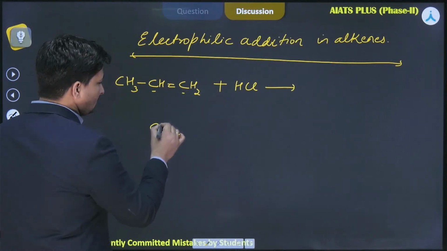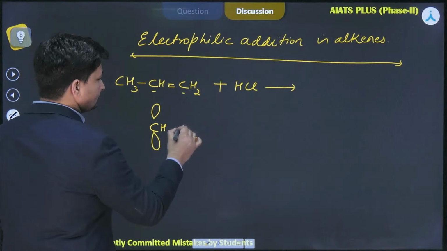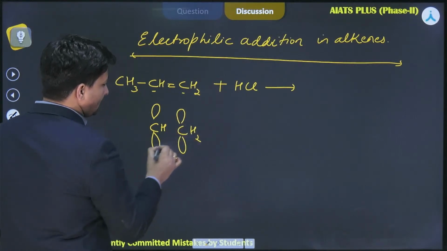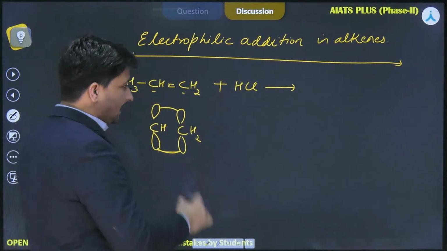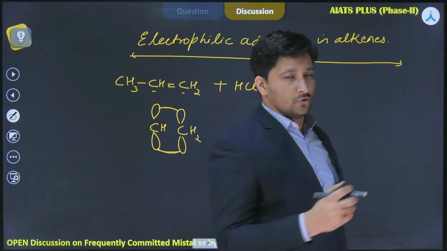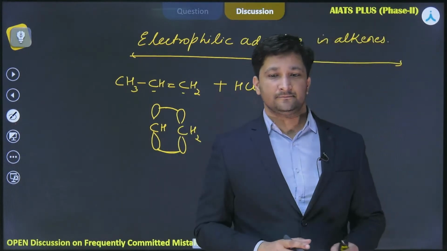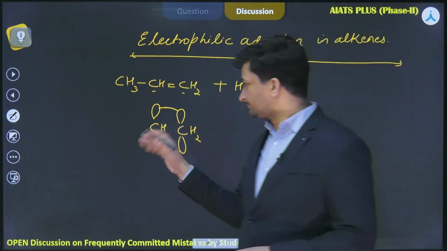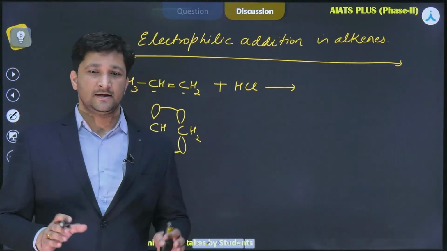If I draw a pi bond here, you will find that side overlapping is there, and this pi bond is basically exposed. Due to this exposure, it becomes easier for the electrophile to attack at this point. Is this clear to all of you?